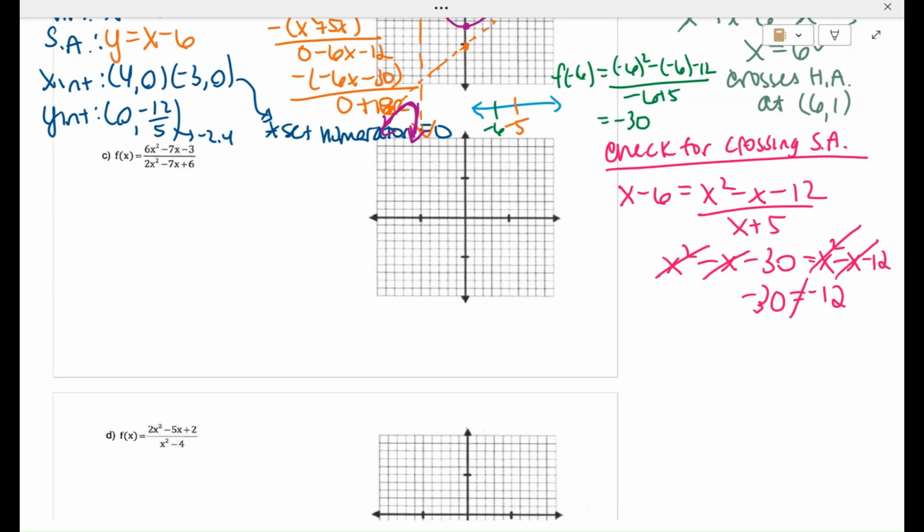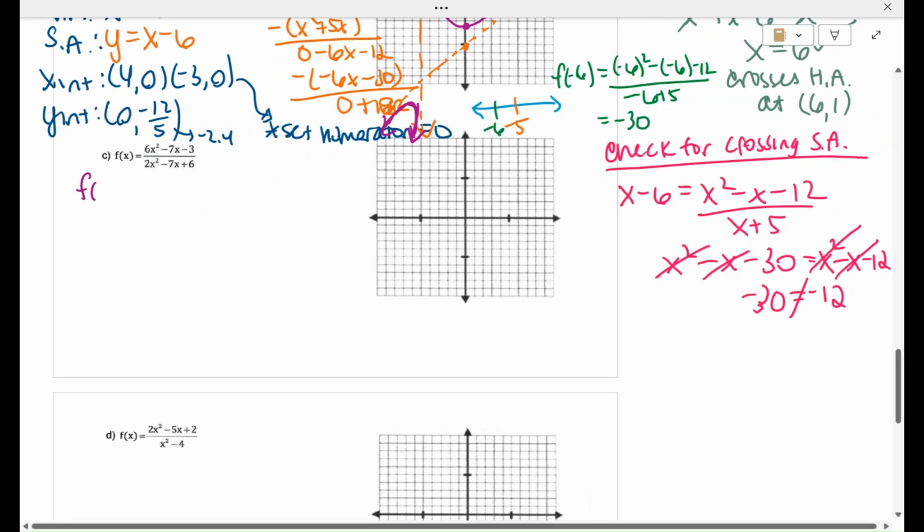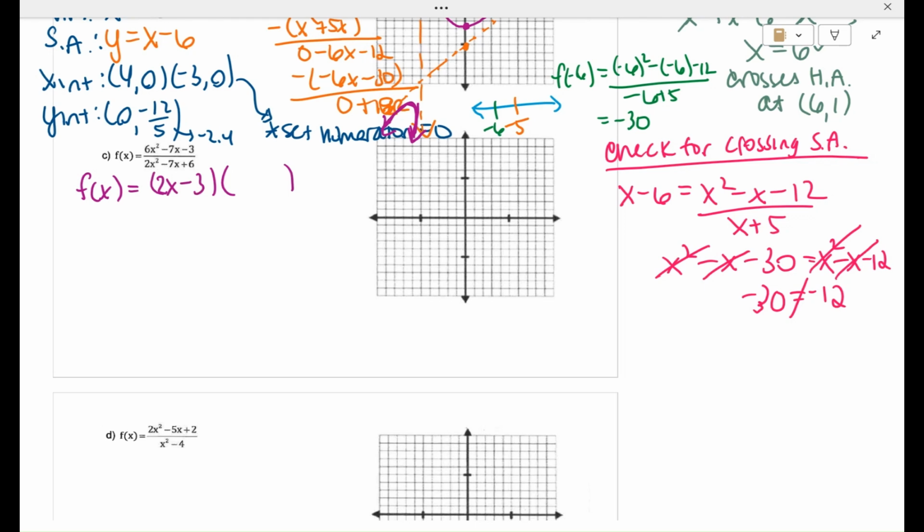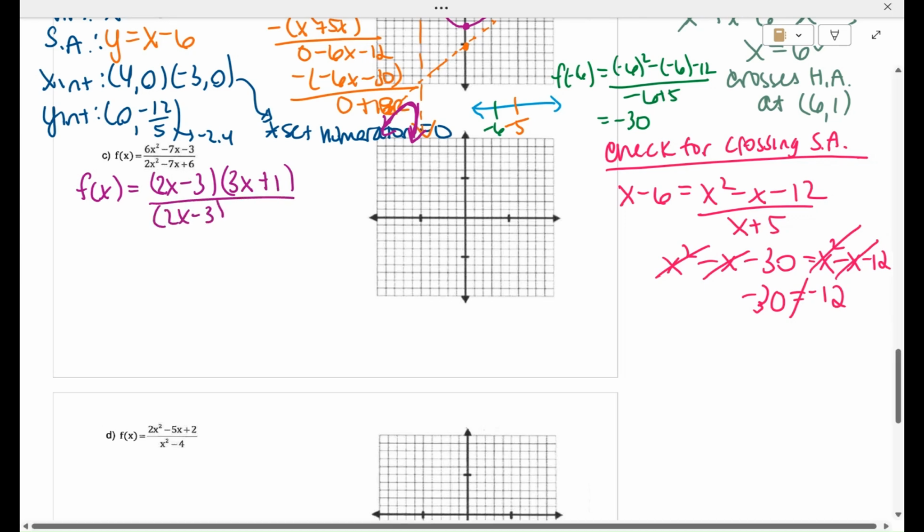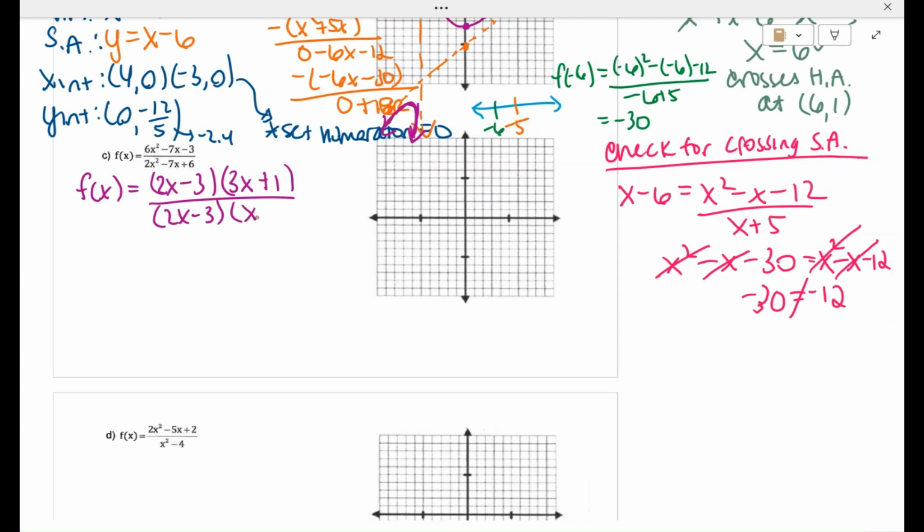Okay, so we're going to start the way we normally start, and we're going to fully factor this guy out. So we're going to get f of x is equal to, okay, we're going to factor this. So 2x minus 3, and that would be 3x plus 1, 2x minus 3, x plus 2, I think.